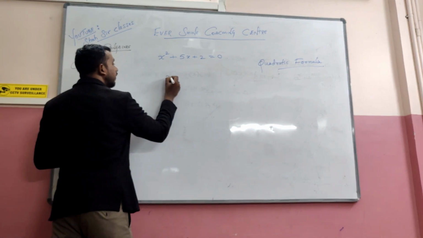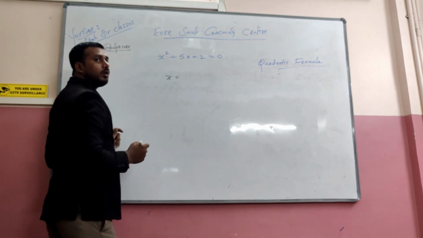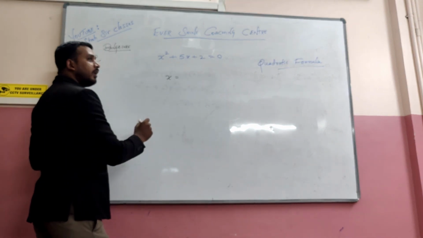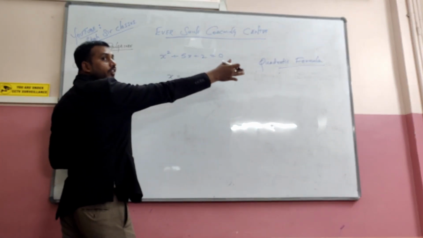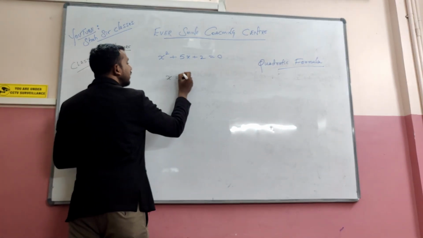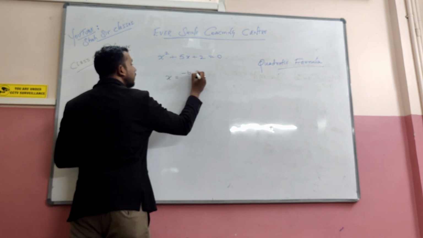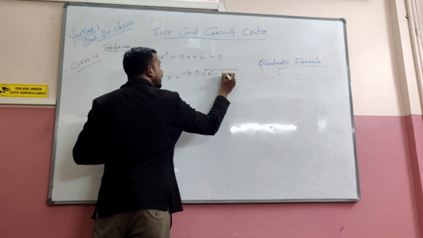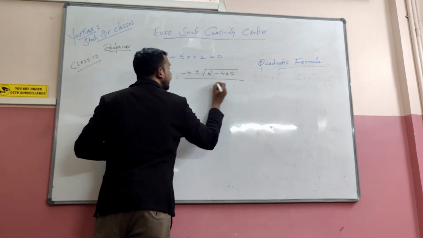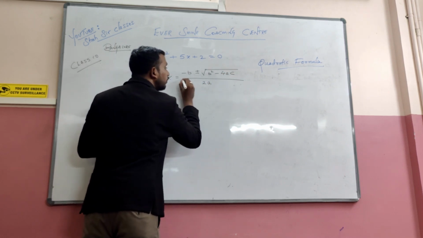Now we know the formula to find the root of the variable by using the quadratic formula. Formula is x equals minus b plus or minus root of b square minus 4ac, whole divided by 2a. It should be whole divided.